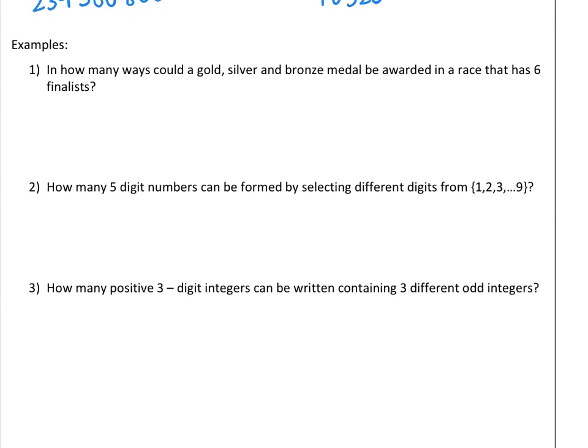Okay, let's take a look at a couple of examples of actually using this now. It says, in how many ways could a gold, silver, and bronze medal be awarded in a race that has 6 finalists? Okay, so I've got gold, silver, and bronze, so I have 3 positions that need to be awarded to 6 people. Now, it's different if you get gold than if you get bronze. So this is, in fact, a permutation. You can just use the fundamental counting principle if you really wanted to.